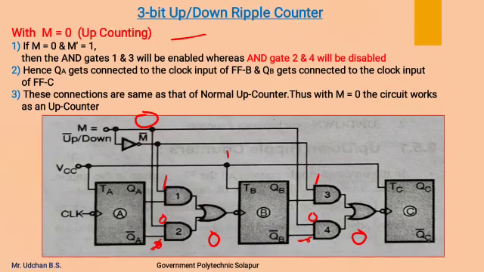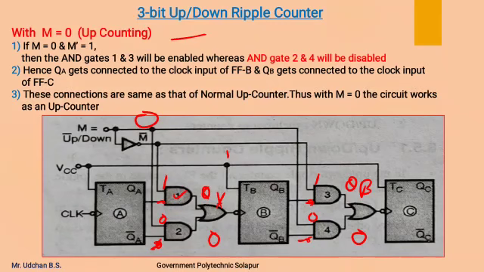So depending on the other input to AND gate 1 and AND gate 3, their output will be decided. Means AND gate 1 will give the value of QA as output, and AND gate 3 will give the value of QB as output.